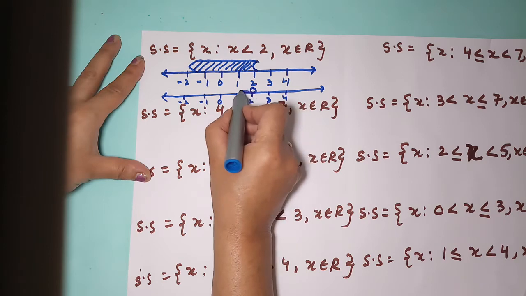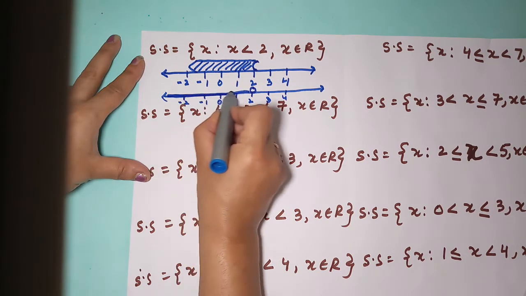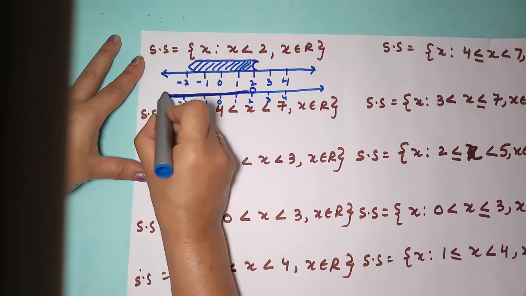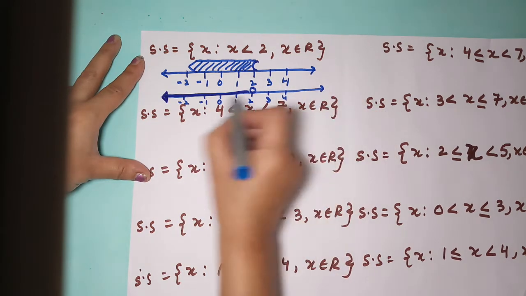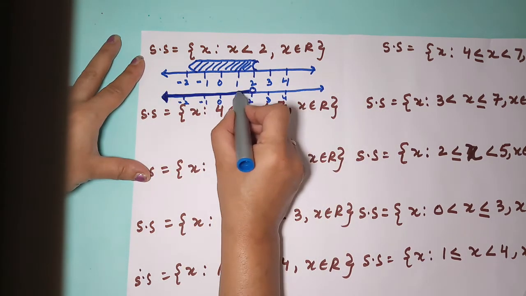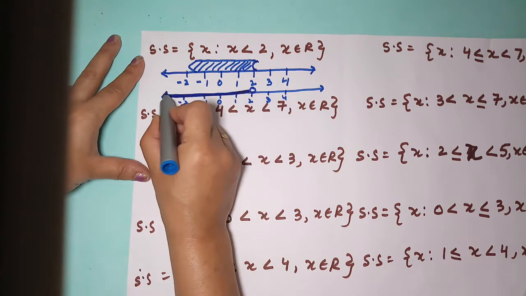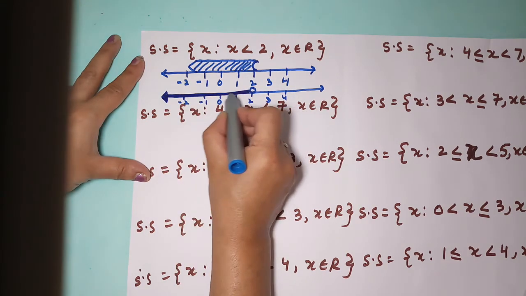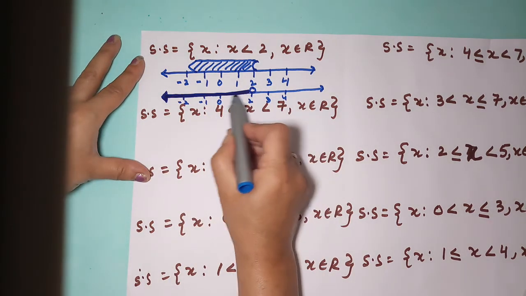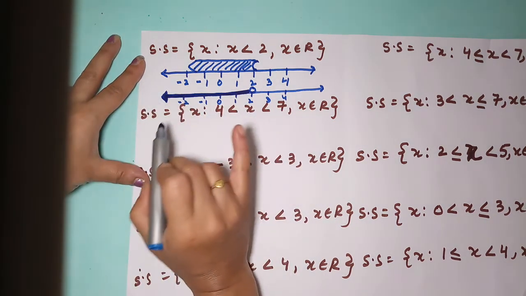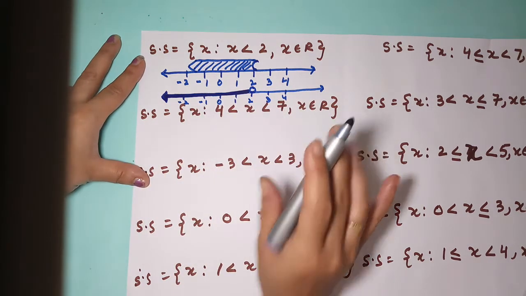Then go on this side, darken this space, this part of the line. Make this arrow visibly darker than the other side. It means that less than 2, not starting from 2. All the numbers which are less than 2 are included in this set infinitely. Right? We don't know the end point.